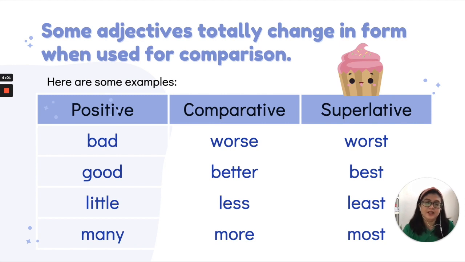Little is positive, comparative is less, superlative is least. For many, that's your positive, your comparative is more, and your superlative is most. These are some of the words that change their spelling depending on the degree of comparison. But you can focus on this one because these are the most used.